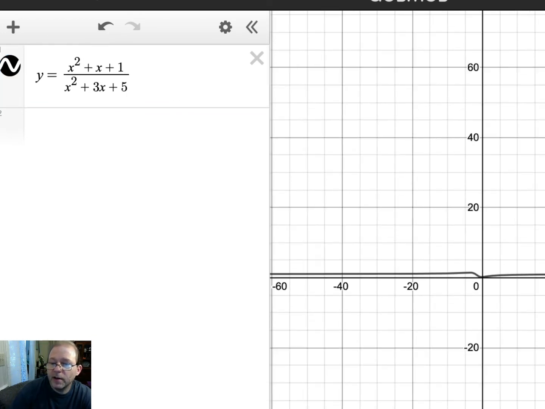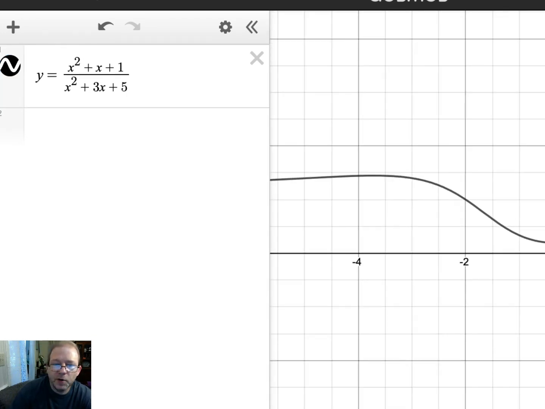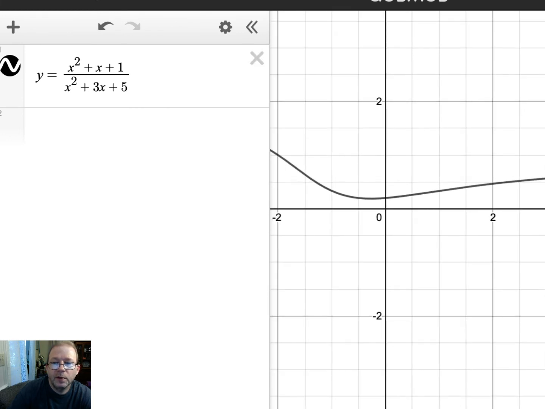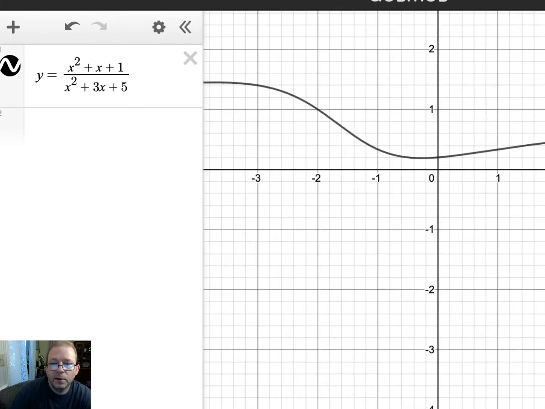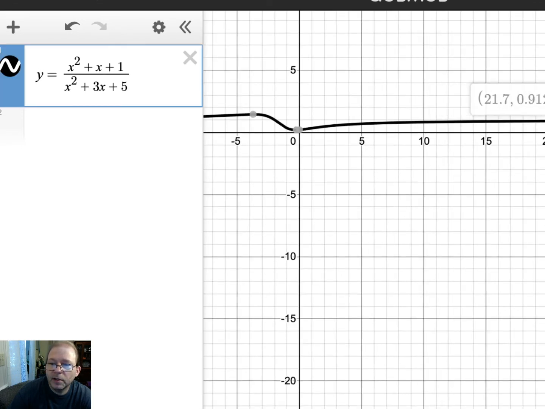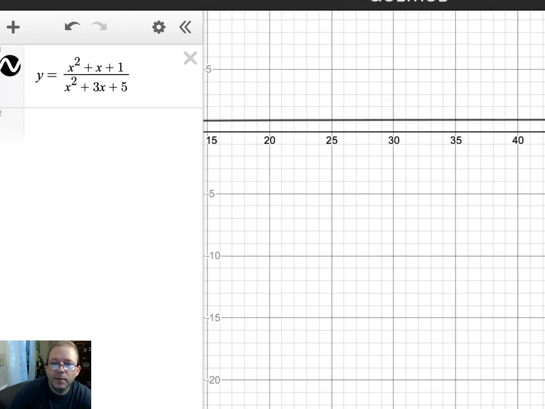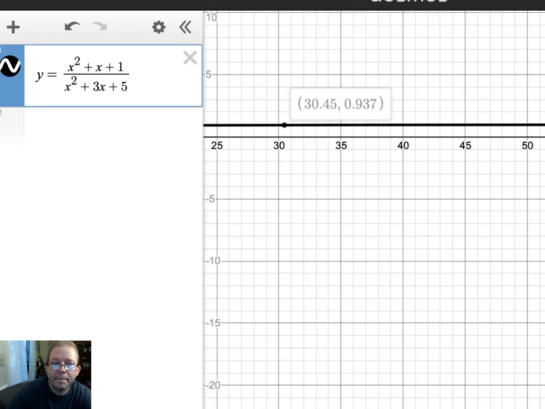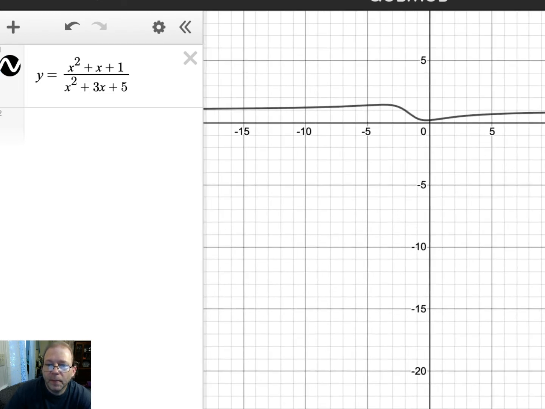Now, if we look at this graph, there's some interesting stuff going on in the middle. But if you look way out, and we trace along here, this is getting close to 1. 0.994, 0.995, off the screen, 0.996, and so on.